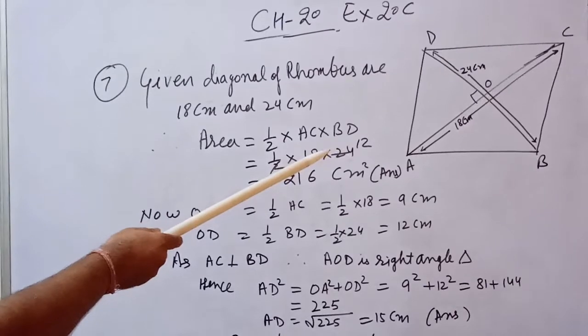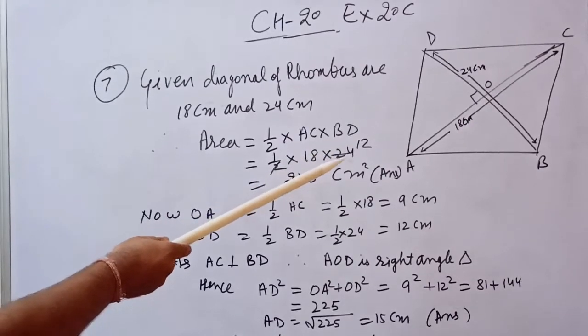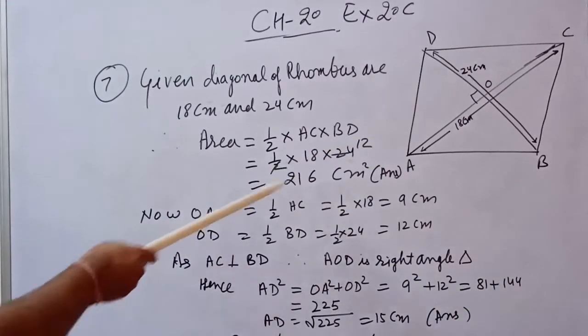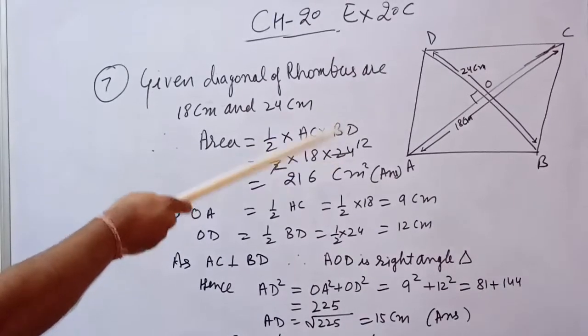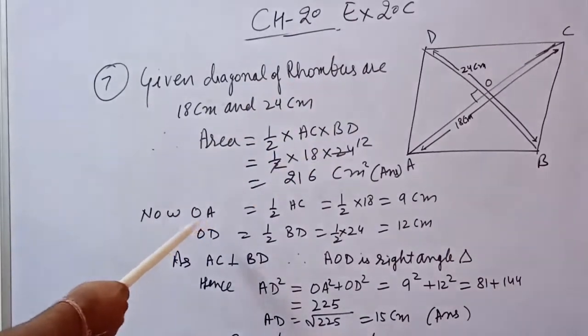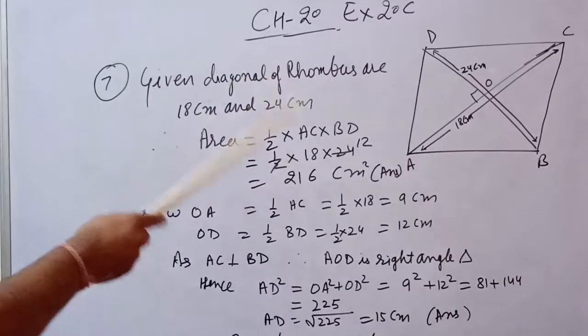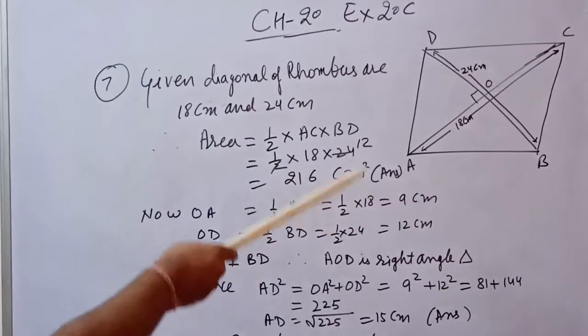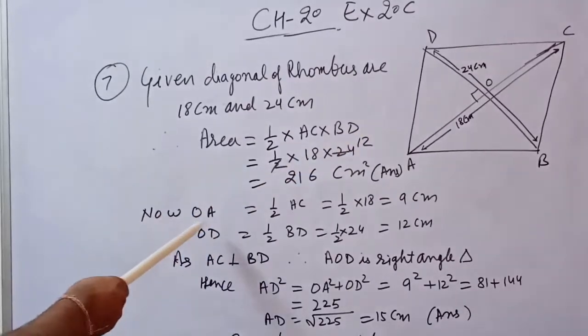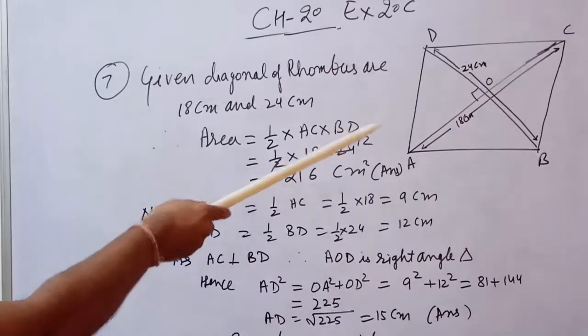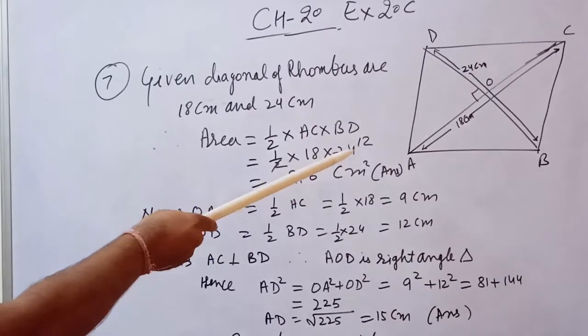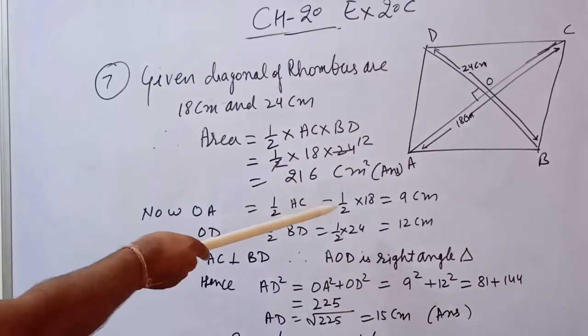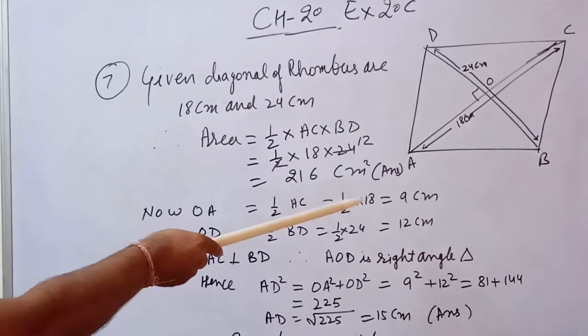Now we have to find the length of the side. For that, just see OA and OD. We all know that the diagonals of a rhombus bisect each other, and they are also perpendicular to each other. So first we find OA, the bisect, that means half of AC, that is 1/2 into 18, that is 9 centimeter.